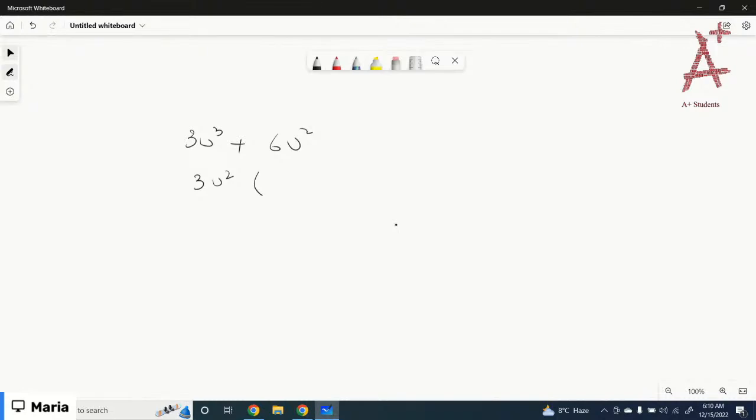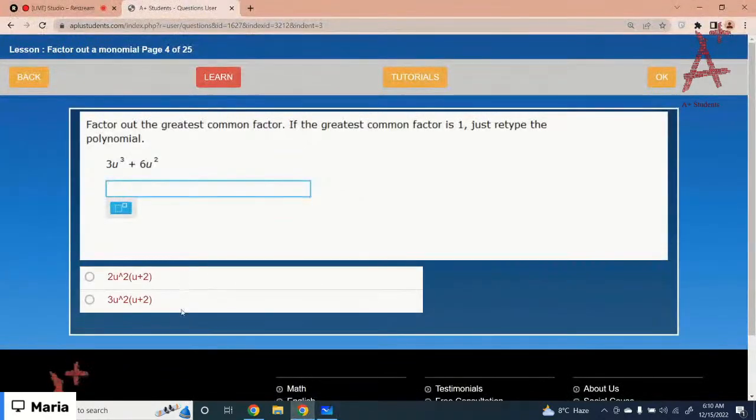So you are left with 3 outside the bracket, and u cube, you take outside u square. You are left with u only, and 3 times 2 is 6, and u square is outside the bracket. So it would be 3u square times u plus 2. Got it? The second option is the correct one.